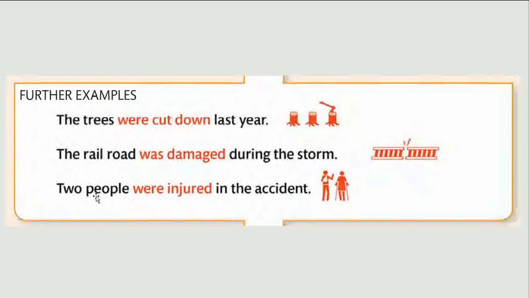Were, because the number is two or many. At this moment, you are requested to construct a few sentences with the same construction, where was and some verb is used, and were and some verb is used in the past tense.